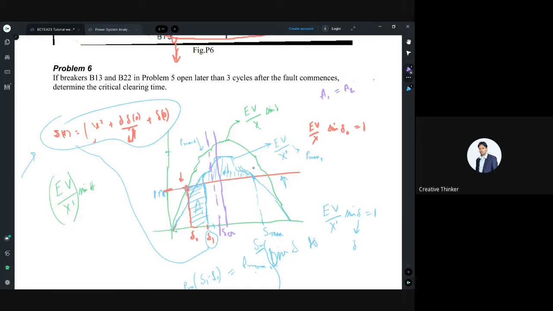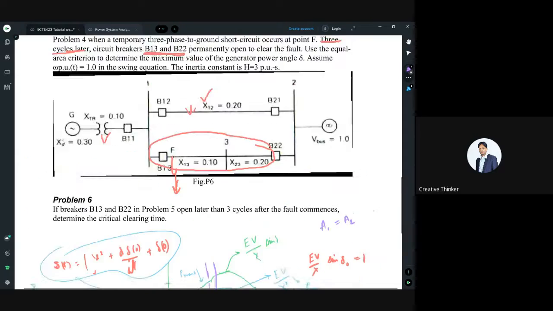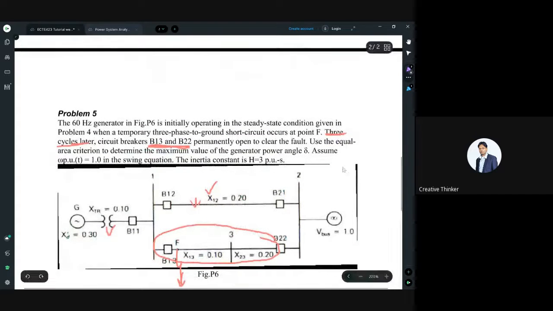So you have to calculate this delta cr. And one thing more, this delta max, in problem number 2 it is told.